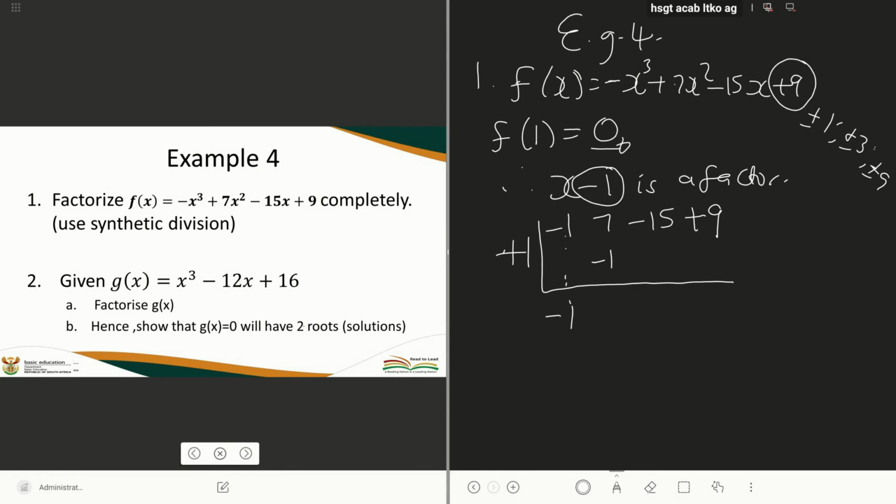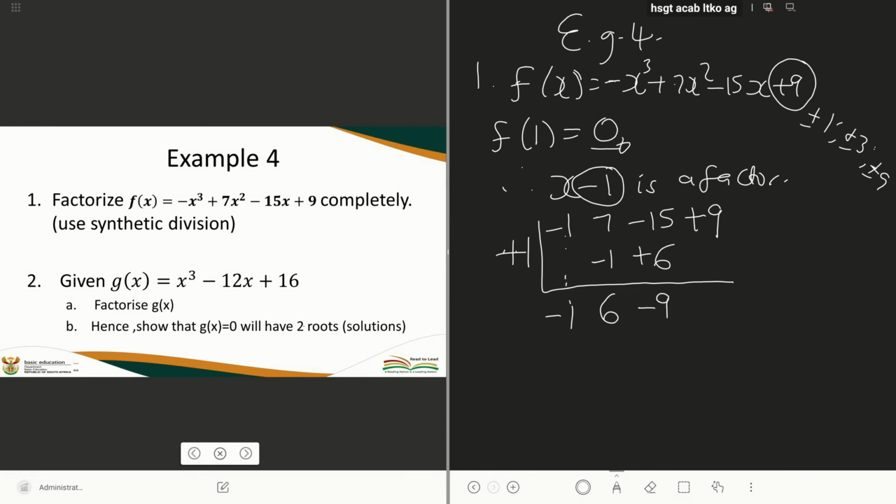Then 7 plus negative 1 is positive 6. Positive 1 multiplied by 6 is positive 6. Negative 15 plus positive 6 gives negative 9, correct?